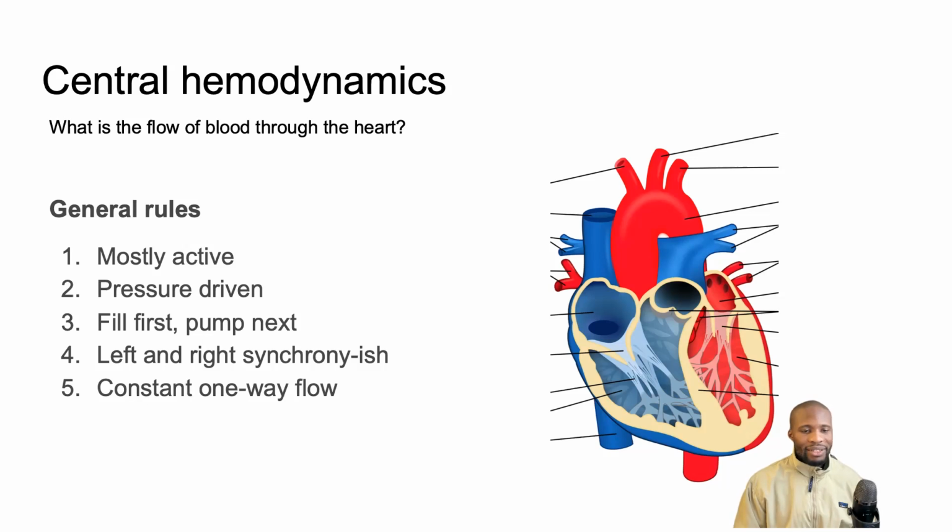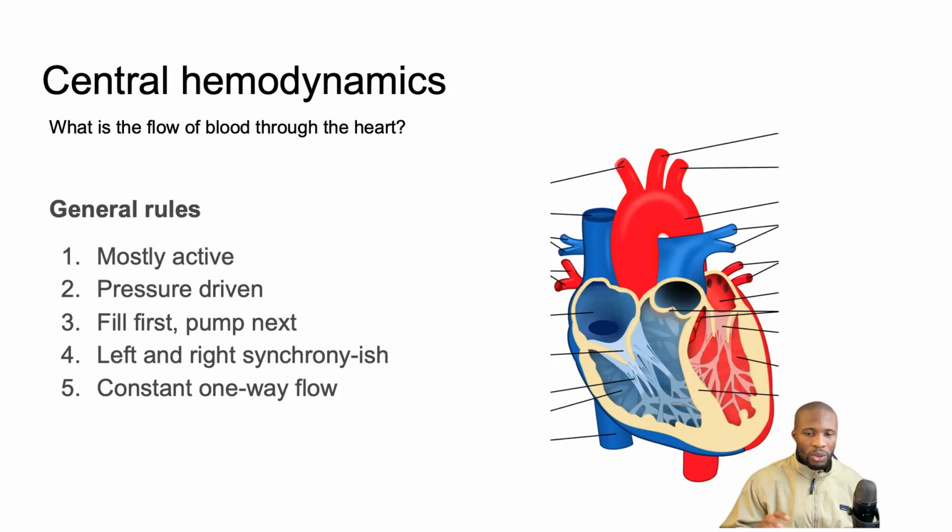And then we have this left and right synchrony. And I say synchrony-ish because there is some slight delay, but it's a millisecond. But really, we can think of how the left and the right side of the heart are working together, right? And then we also want to look at this other rule of having a constant one-way flow.